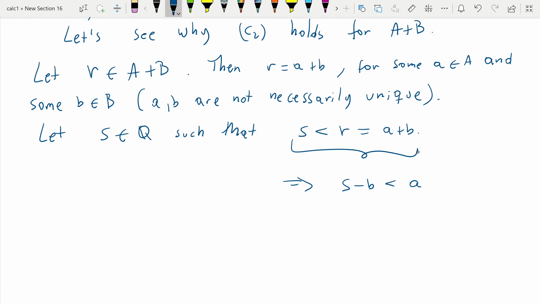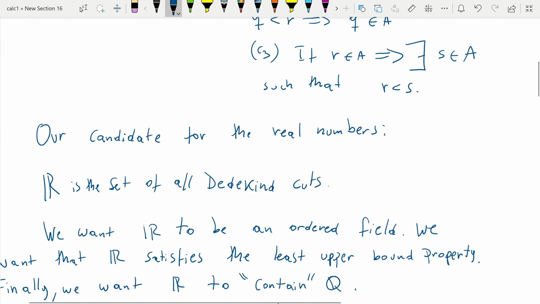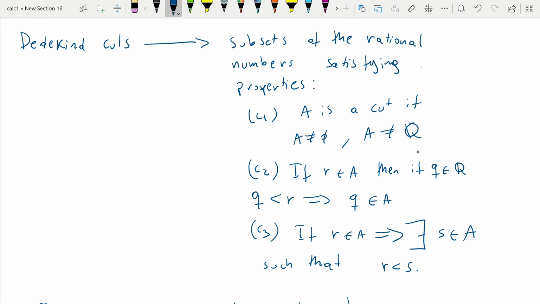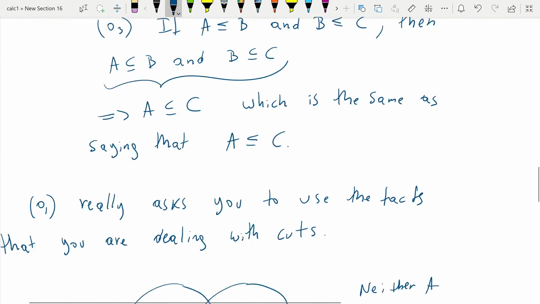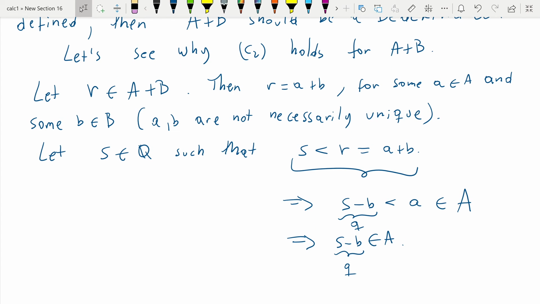Now, remember that a is an element in A, capital A. And any number that is smaller than some element in A must be in A. Remember, if we go back to the property C2, if r is an element in A and if q is in Q smaller than r, then q also belongs to A. So here, this is our q, and what we've shown is that this q is in A. Because s is a rational number, and because we are considering subsets of the rational numbers, b is also rational.